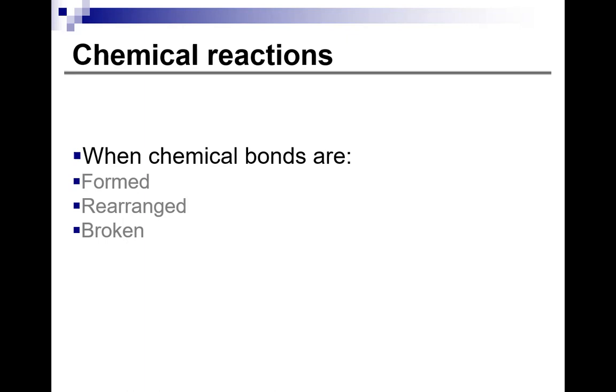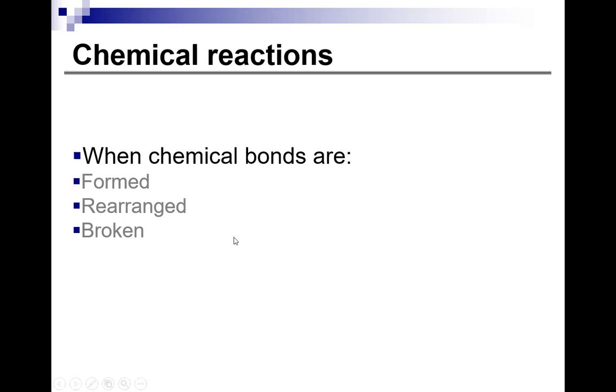A lot of times we also see single or double displacement reactions, in which you could have a single atom or element with a molecule and they can swap partners, or you could have 2 compounds and they switch, where things are rearranged. So you're breaking and building, rearranging things within maybe 2 compounds or an element and a compound, and that would be a rearrangement.